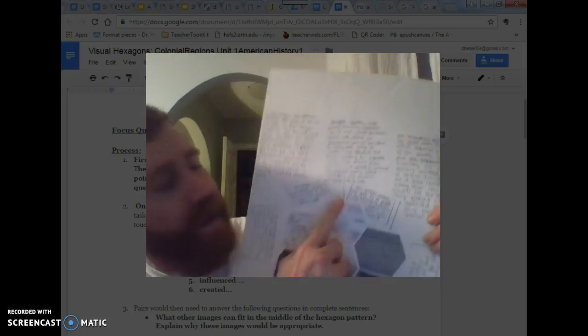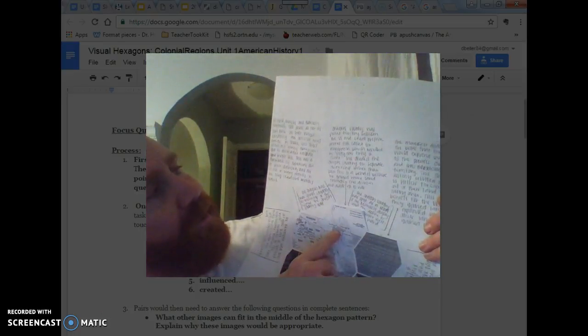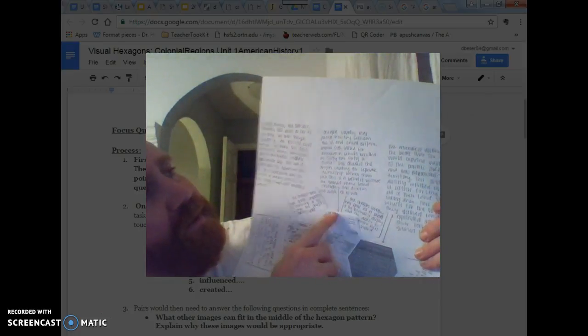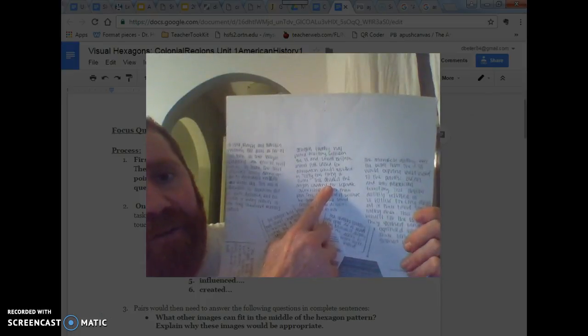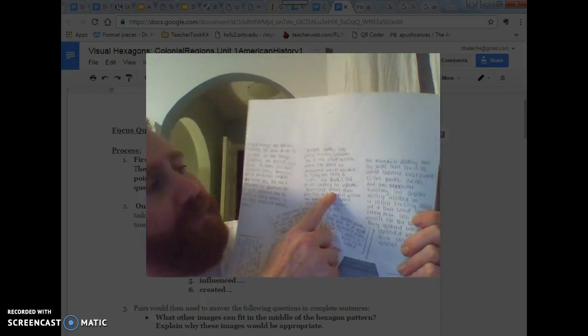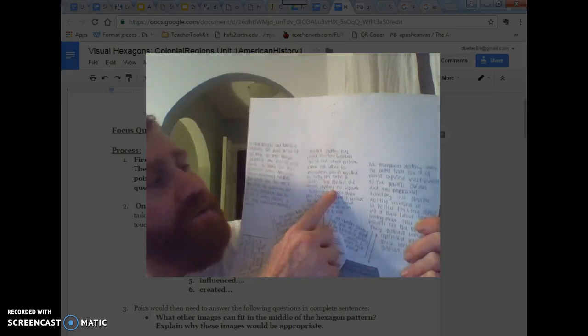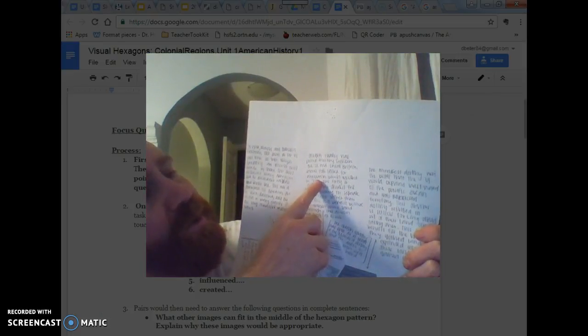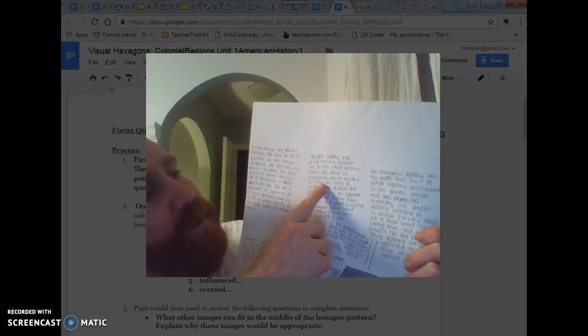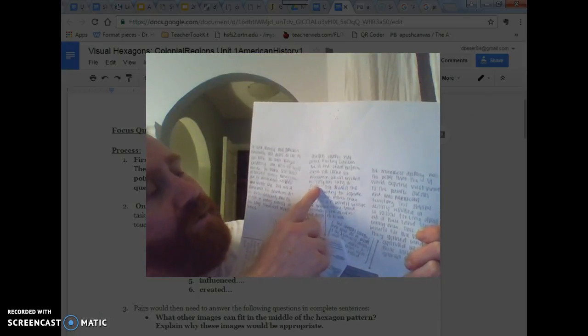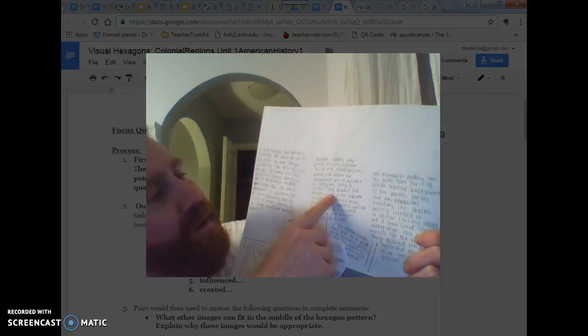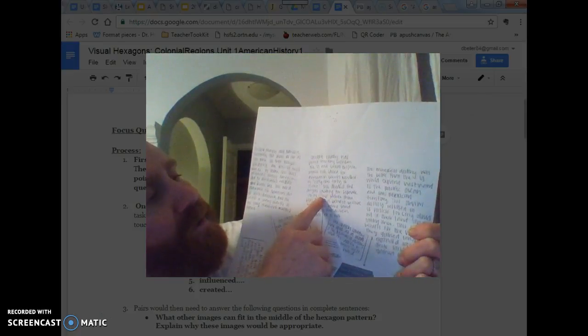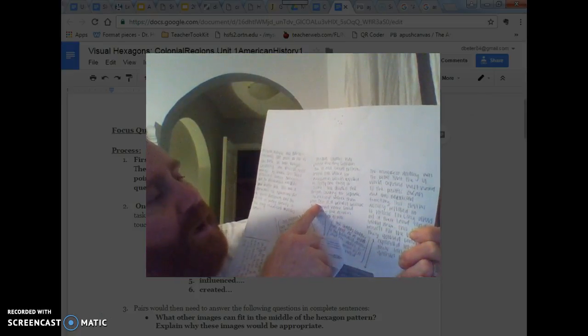So for this top one, dealing with the Oregon country, the first thing they did was write a small paragraph identifying the Oregon country and talking about how it's related to the focus question. So they said the Oregon country was a joint territory between the United States and Great Britain. James K. Polk called for annexation, which resulted in the 54-40 fight. This divided the Oregon country for separate ownership rather than joint.